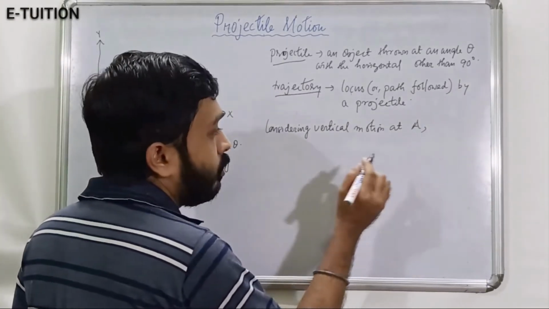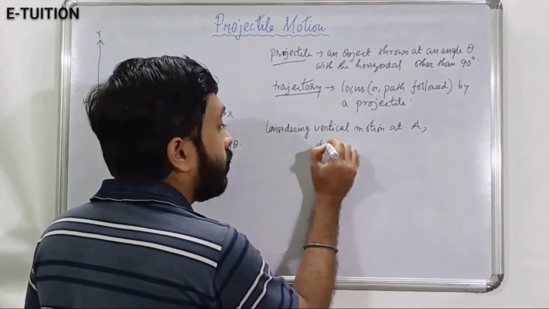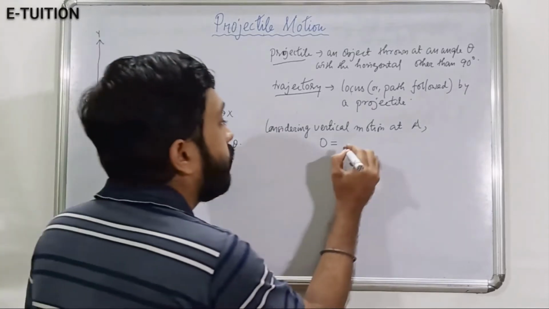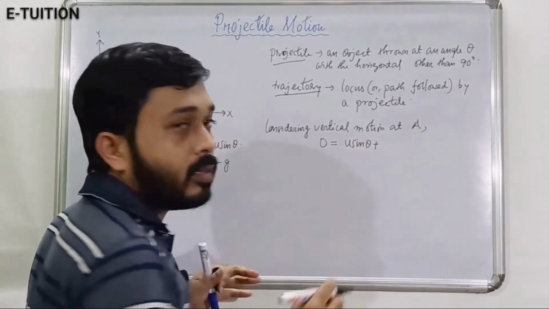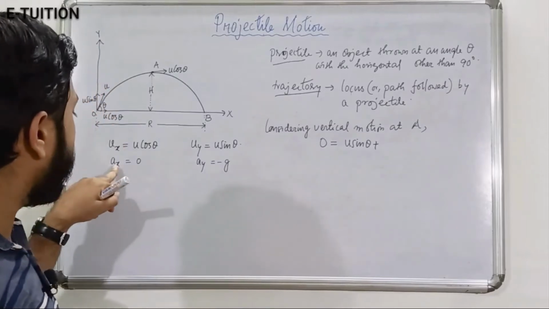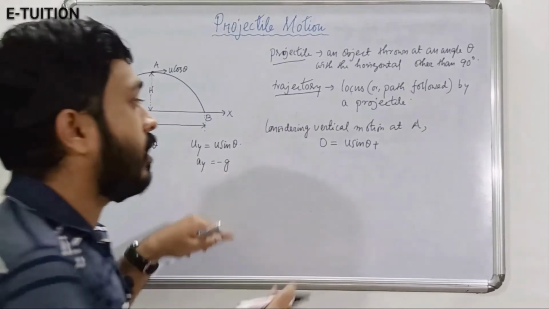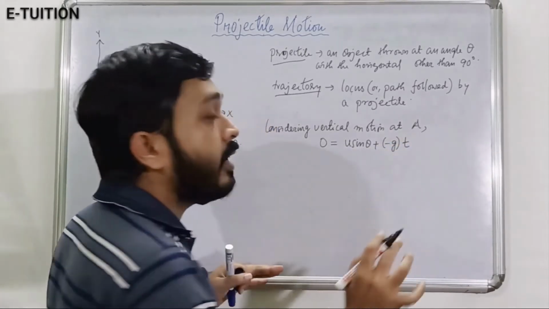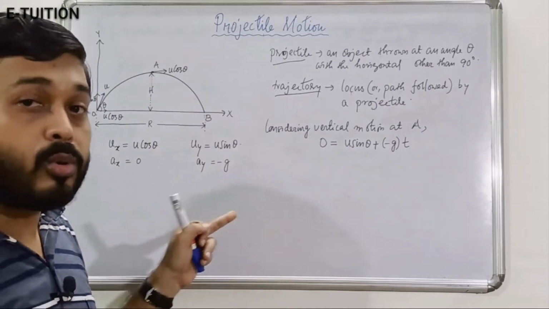So v equals u plus at, the final velocity is 0 here. 0 equals, what is the initial component? u sin theta, plus at. How much is the acceleration along the vertical direction? It is minus g, right, into t. Let t be the time taken by the projectile to move from O to A.